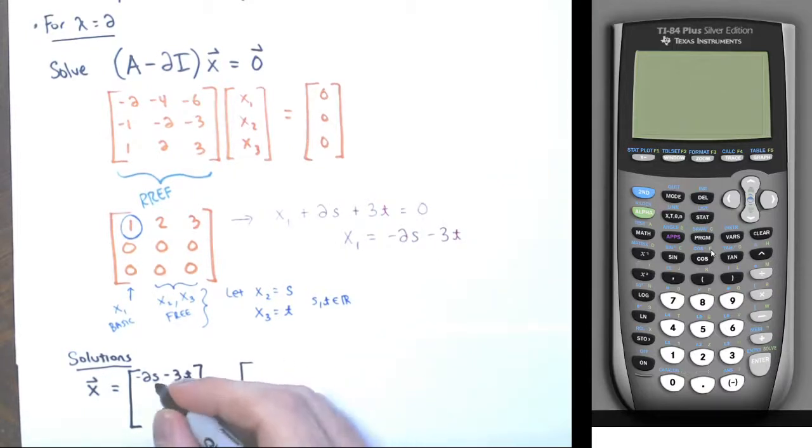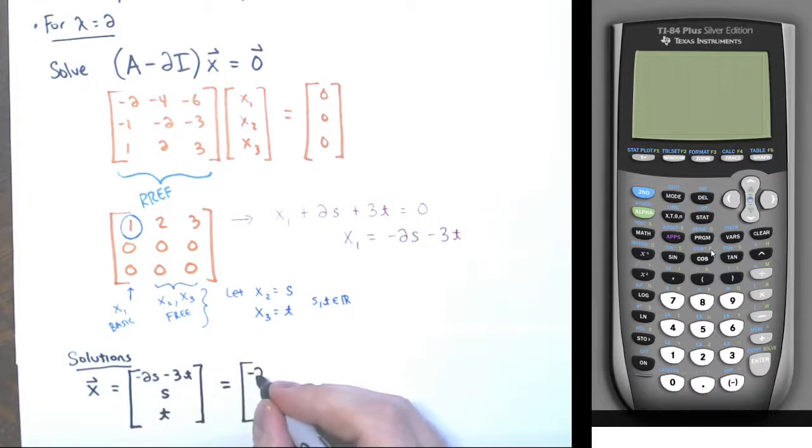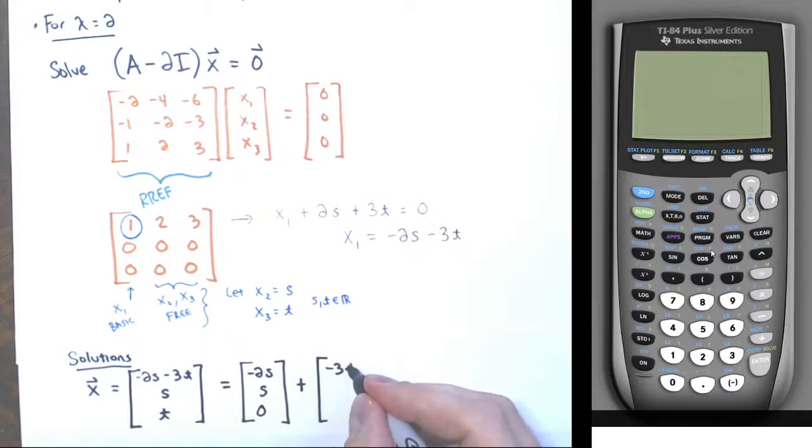So the one with the s terms is the vector negative 2s, 1s, and then 0s in the third component. Plus the ones involving t: negative 3t in the first component, 0t in the second component, so it is 0, and then 1t in the third component. Then I can pull an s out of these, and a t out of these.